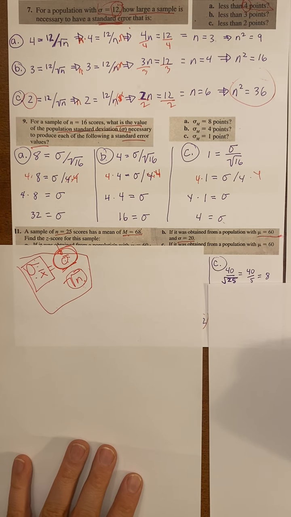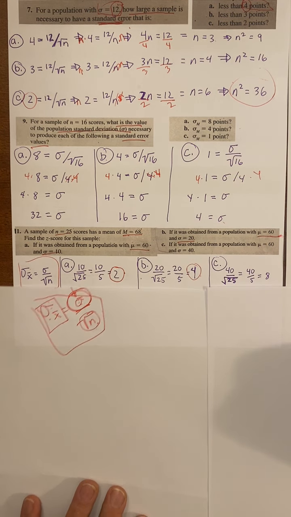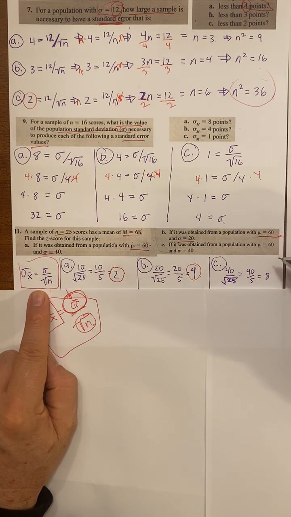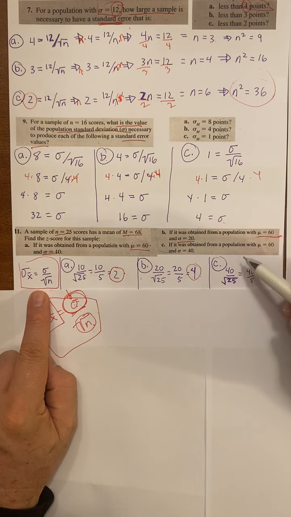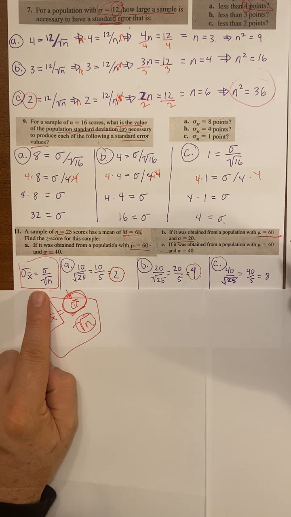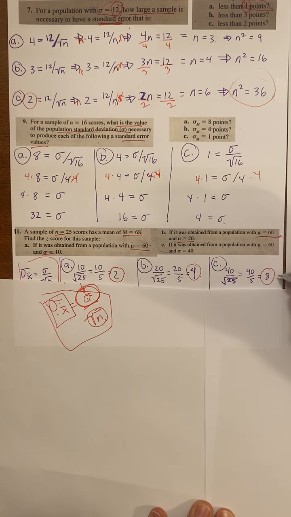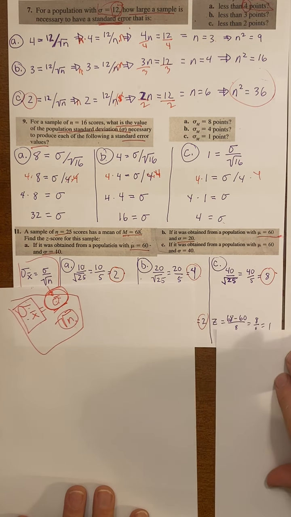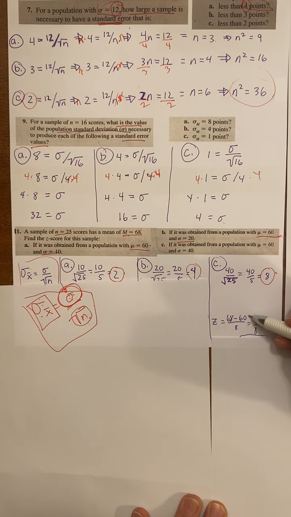So then for problem C, same standard error equation to begin with. Here they're saying that our standard deviation is 40, our n is still 25, so it's going to be 40 over 5 equals 8. That 8 is now going to be the denominator of our z equation. So it's 68 minus 60 over 8 gives us a z of 1.